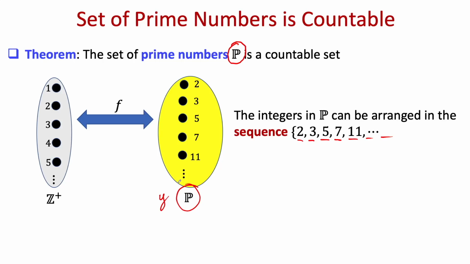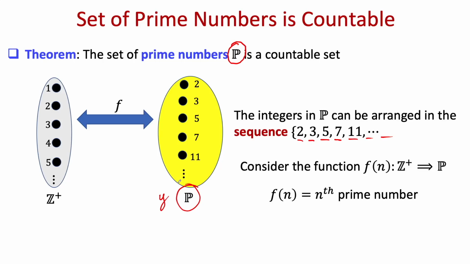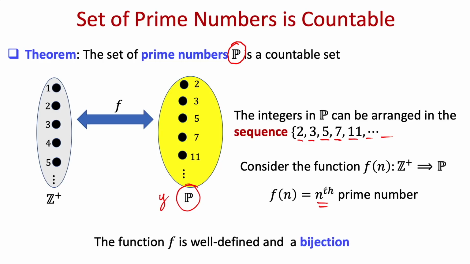It's not the case that this number y will never appear in this sequence, even if you are traversing towards infinity. If you are interested in the explicit bijection between the set of positive integers and the set of prime numbers, it is very straightforward. You just output the nth prime number as the value of your function f on input n, and the function is well defined, and clearly it's a bijection.